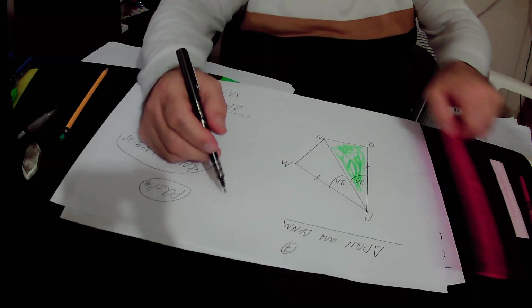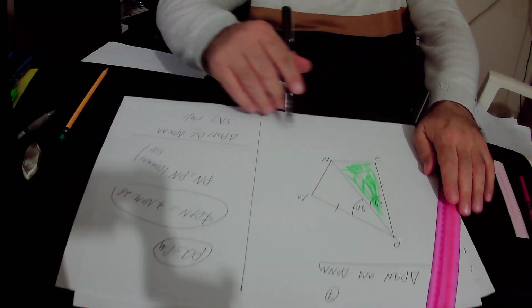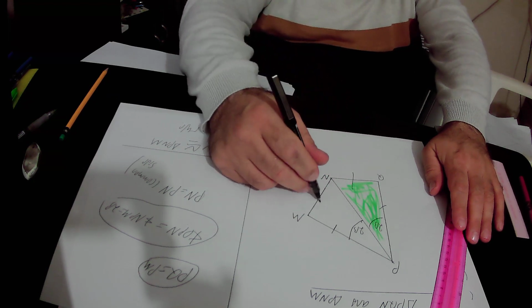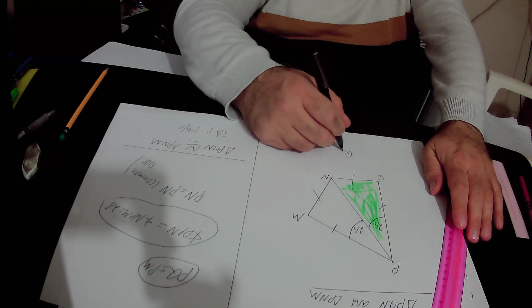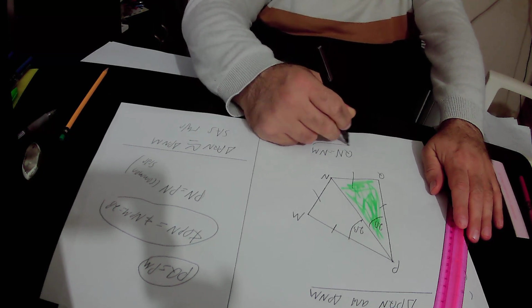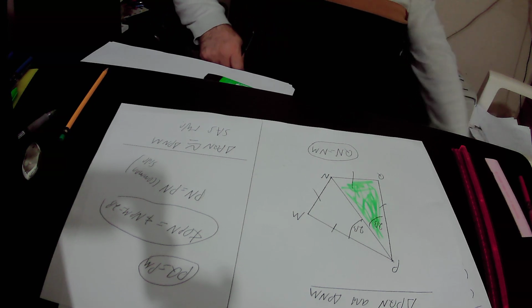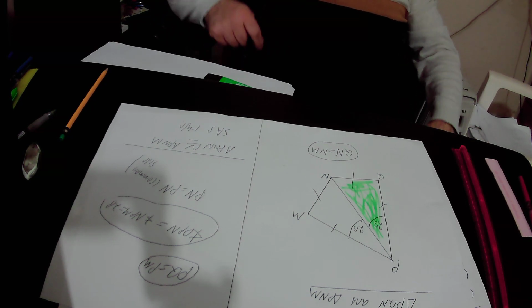From the fact that those two triangles are congruent to each other, we will conclude that QN equals NM, according to the rule that corresponding sides in congruent triangles are equal to each other.